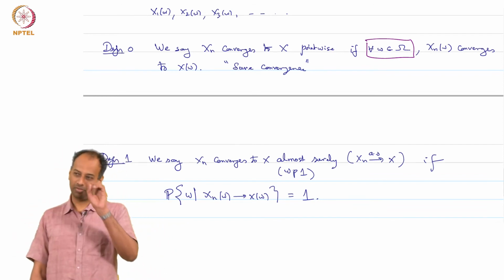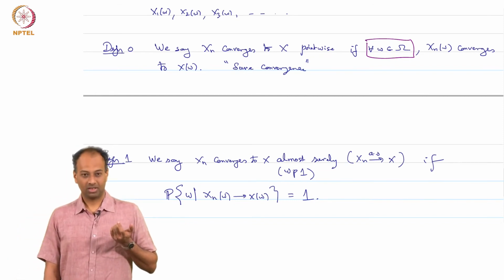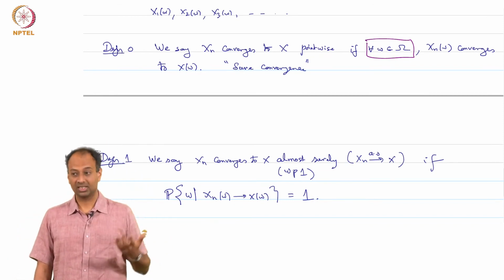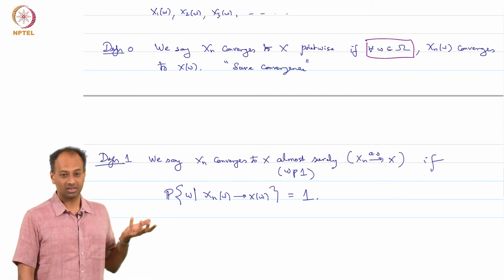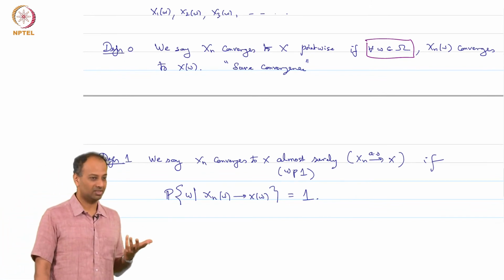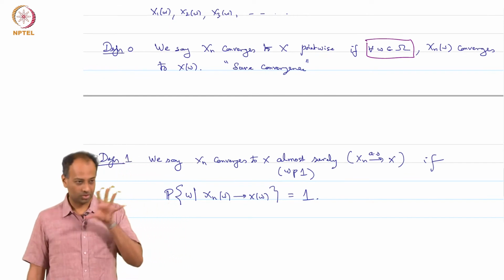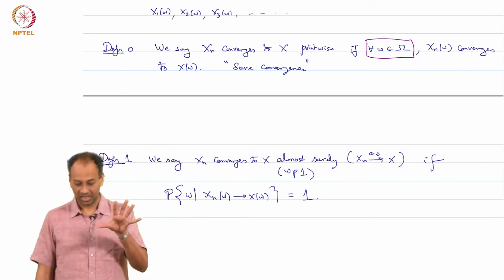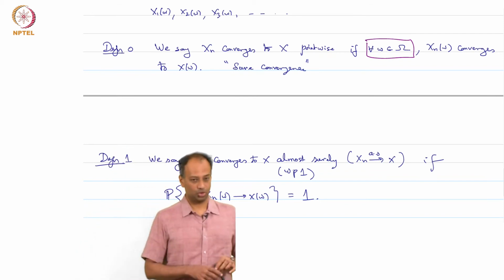There may be a few little omegas where this convergence does not take place. For those exempted little omegas the limit of x n of omega may not exist, or may exist and not equal x of omega, but on a set of probability 1, a set of full measure so to speak, we have convergence. This is convergence almost surely.